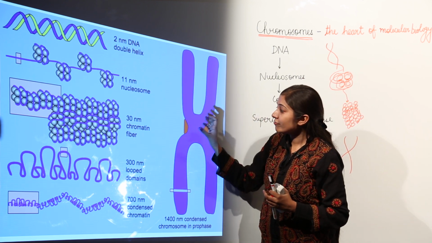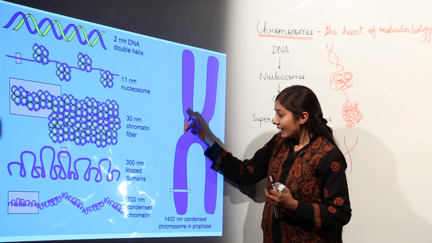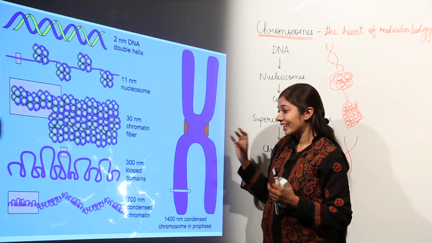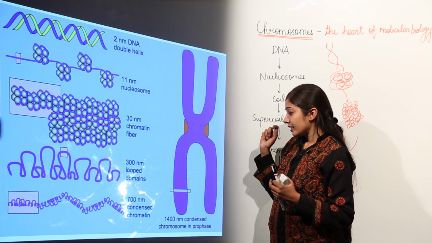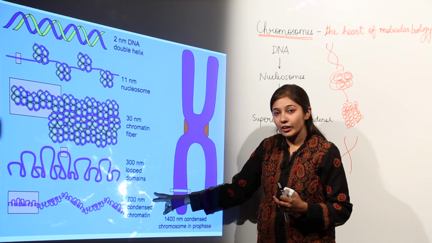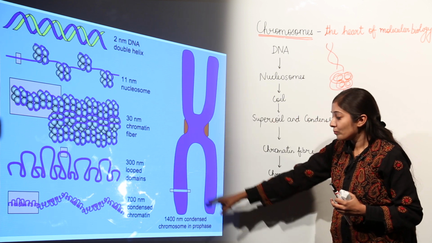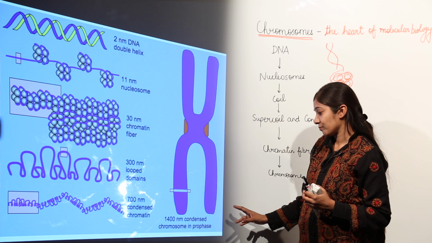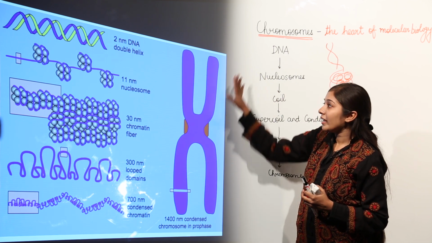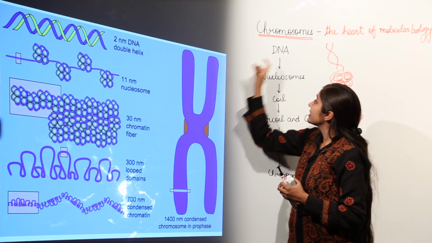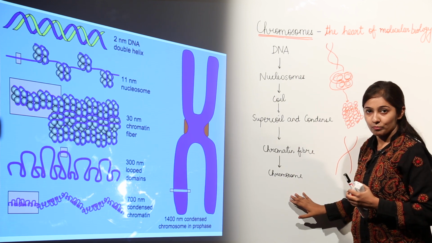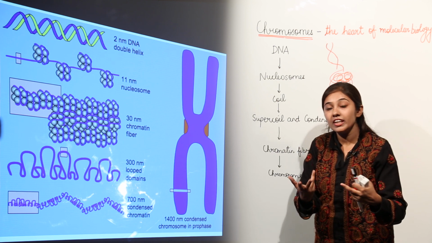And then these chromatin fibers are of 30 nanometers, and then the supercoiling and finally the formation of this condensed chromatin or the chromosome results in the size 700 nanometers, and the final chromosome that we have at the end is of 1400 nanometers. So you can make out that from DNA we are talking about the formation of a chromosome. So what is a chromosome actually?